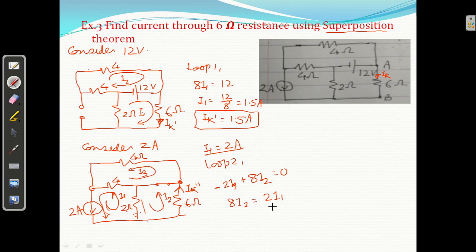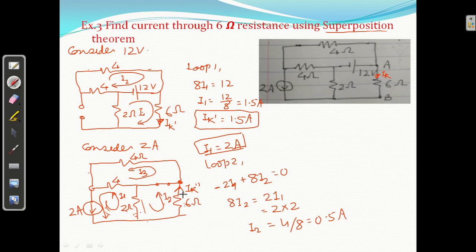And I1 की वैल्यू कितनी है? I told you, I1 equal to 2 ampere. So 2 into 2 कितना आएगा? 4. So what is the value of I2? I2 equal to 4 upon 8 equal to 0.5 ampere.